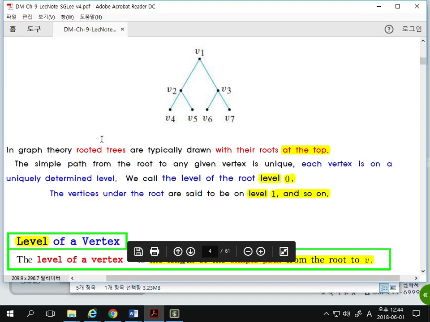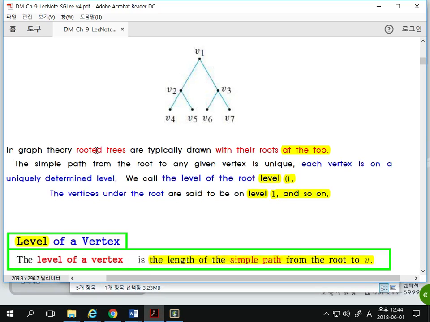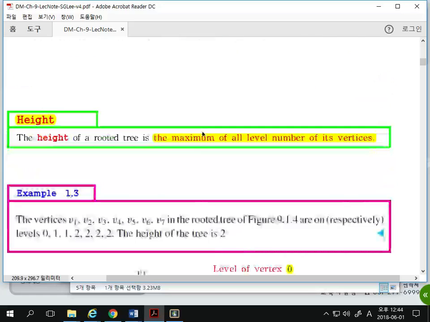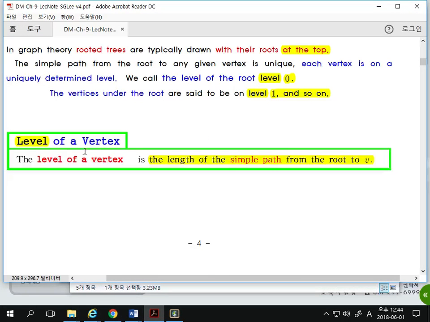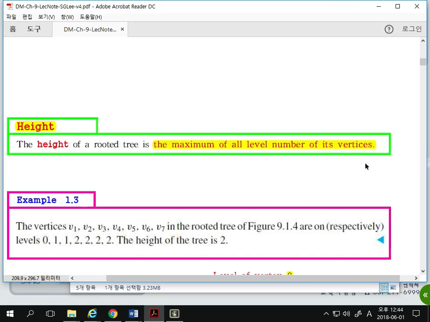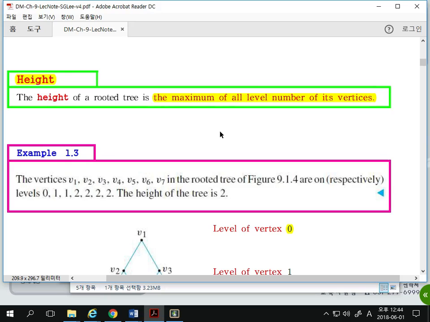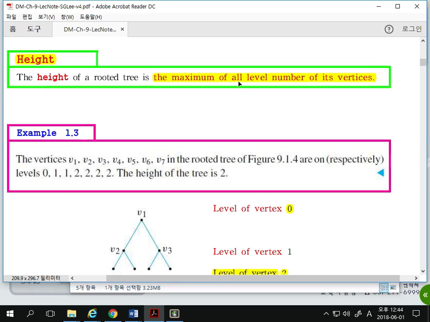Okay. In graph theory, rooted trees are typically drawn with their roots at the top, like this. Now, the level of a vertex is the length of the simple path from the root to that vertex. And the height of a rooted tree is the maximum of all level numbers of its vertices.